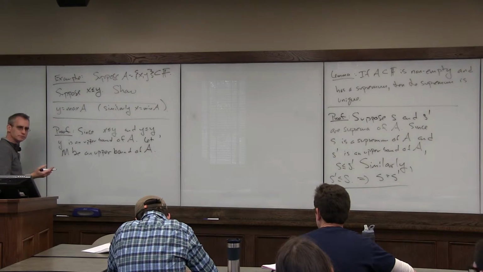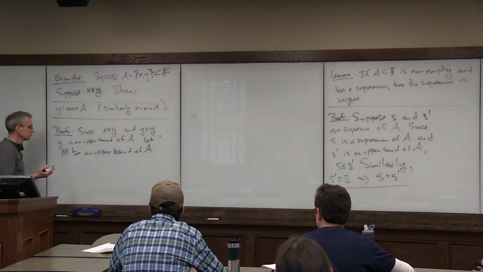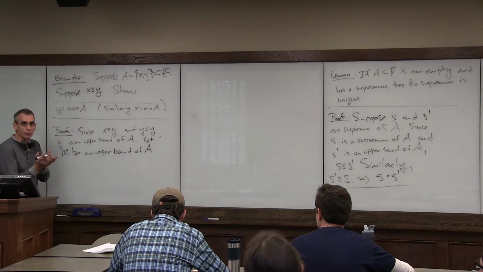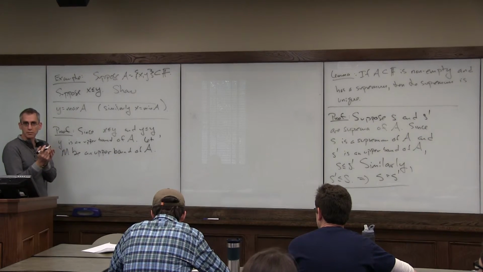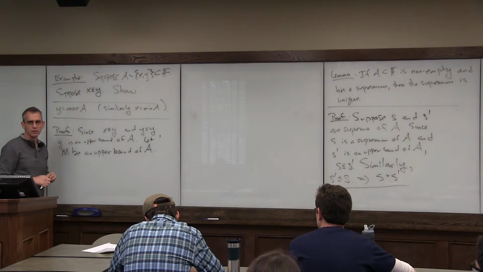What do I need to show? It must be x less than or equal to M and y. No, we're assuming we already have an upper bound, so we don't need to show it's an upper bound. What do we need to show about this upper bound? Y is less than or equal to M. Yes.